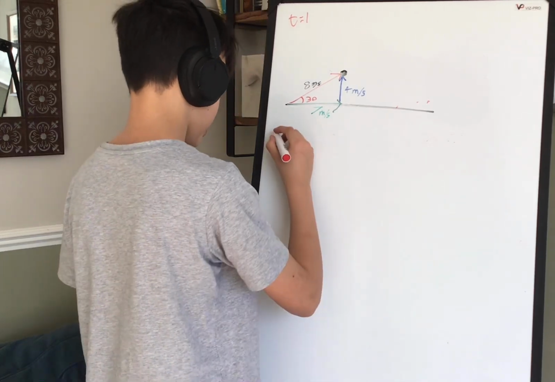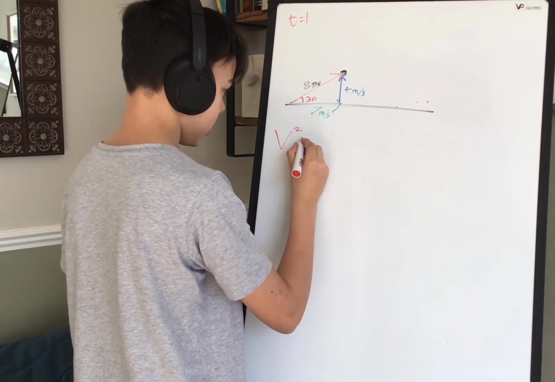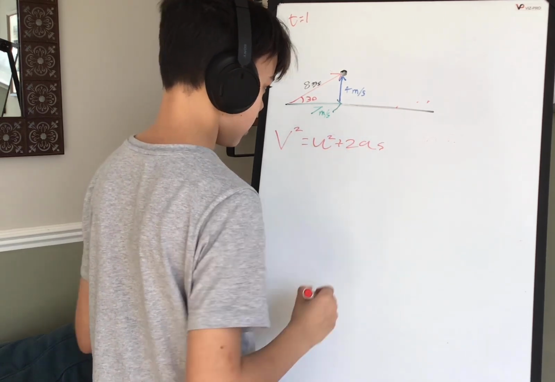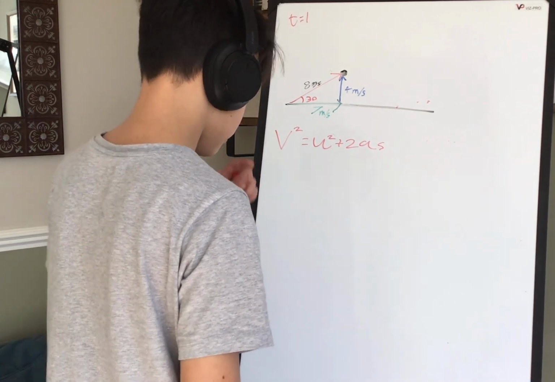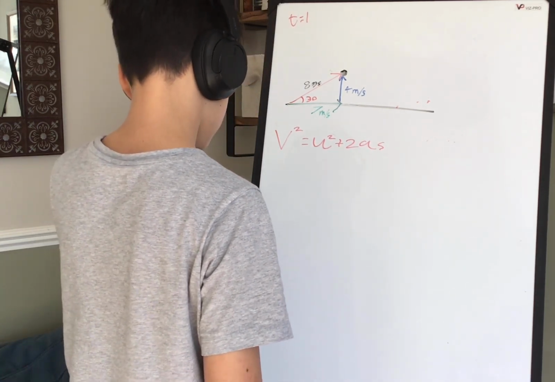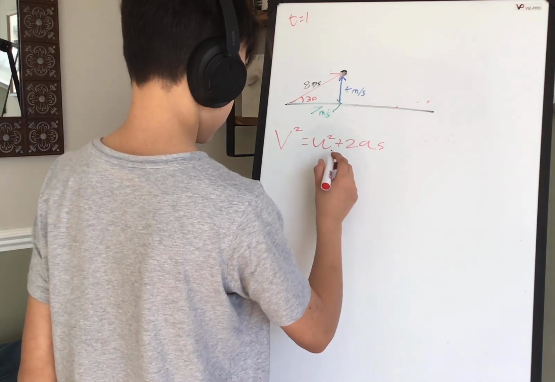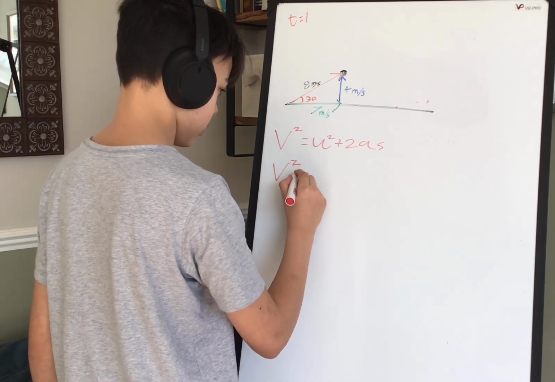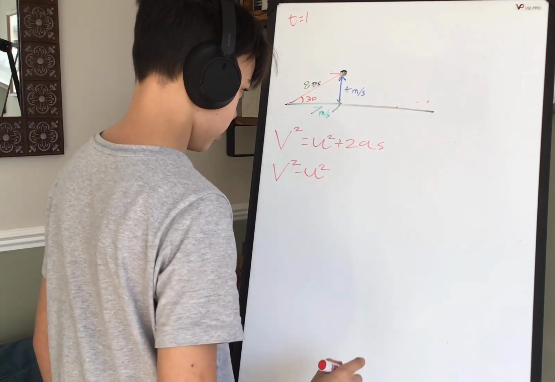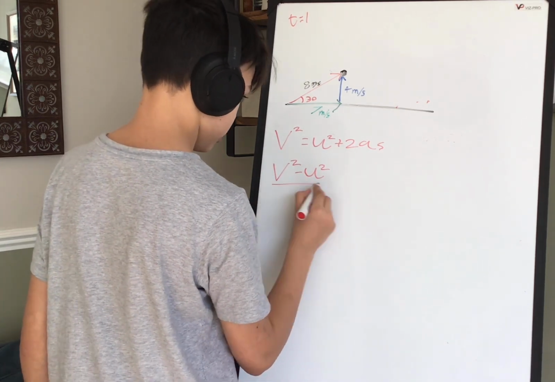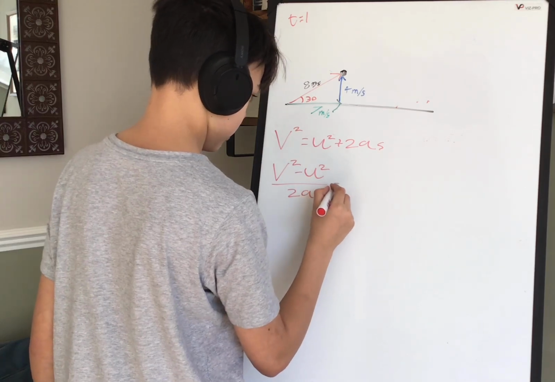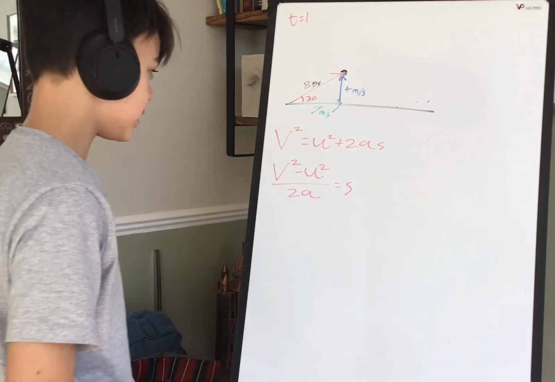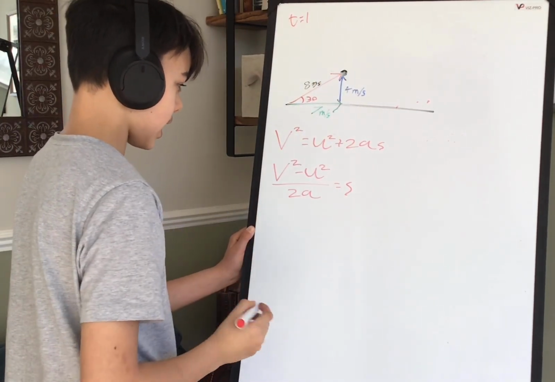Okay, let's work out the maximum height. Let's use the equation v squared equals u squared plus 2as. Let's rearrange it for s, so we can subtract u squared from both sides. So we get v squared minus u squared, and we can divide both sides by 2a, and that will equal s. Okay, let's plug in the numbers. So v squared, at the maximum height, it's up here, and that's going to be 0.